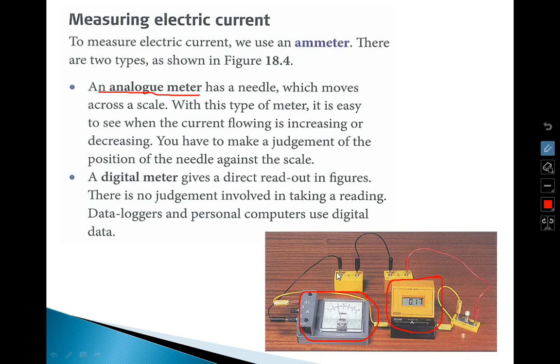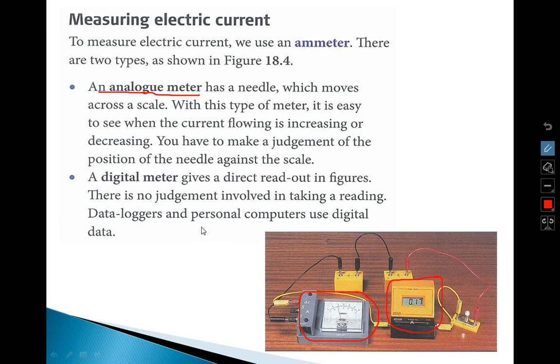When it's connected to the circuit, with this type of meter it's easy to see when the current flowing is increasing or decreasing. The digital one gives a direct value, so it's hard to say when the current is increasing or starts decreasing.